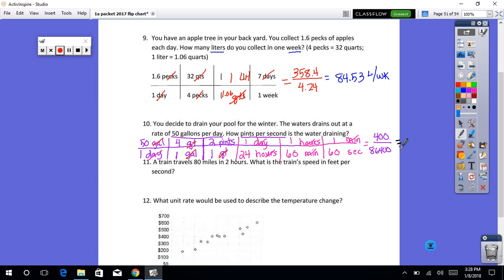So when we simplify that, 400 over 86400. Or let's just put it as a decimal, why not? 0.005 pints per second.